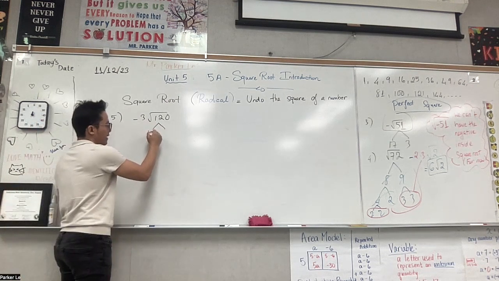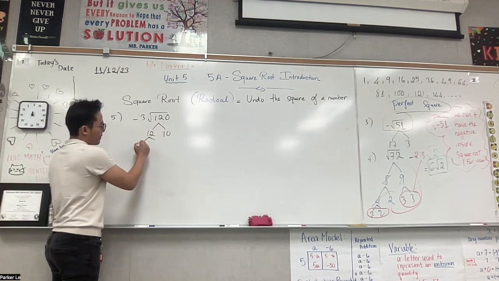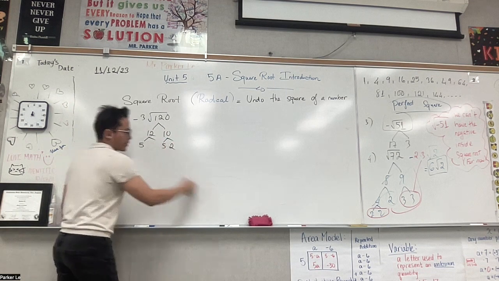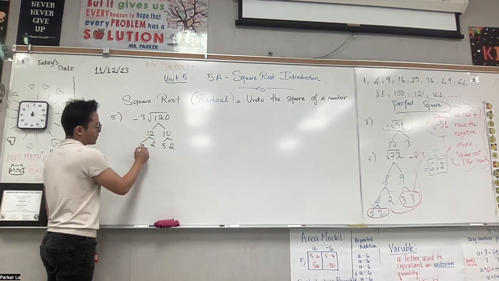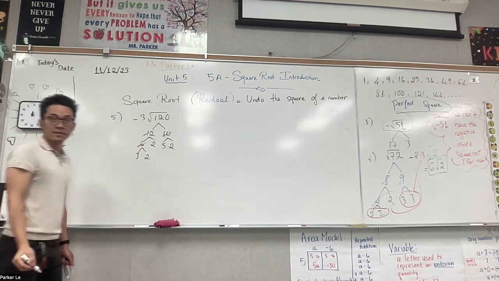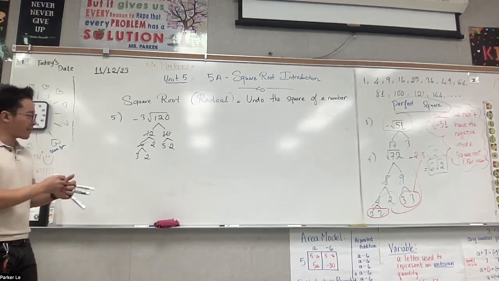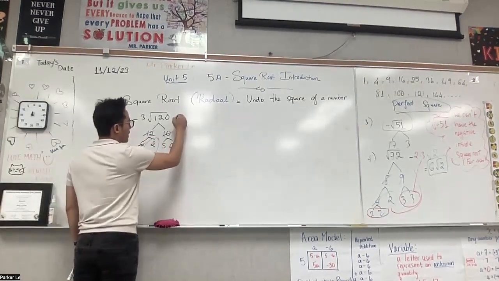Yeah, 12 and 10. Okay. What else? 5 and 2. What about this? 6 and 2. 3 and 2. 6. That is it, right? Okay, what are the two same numbers you have here? 2. Okay, so 2 is going to go out.